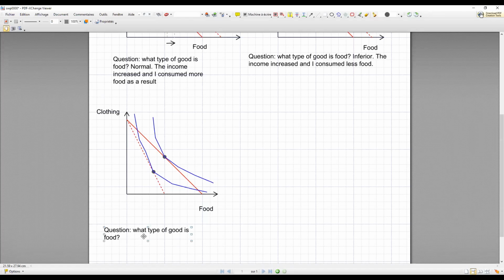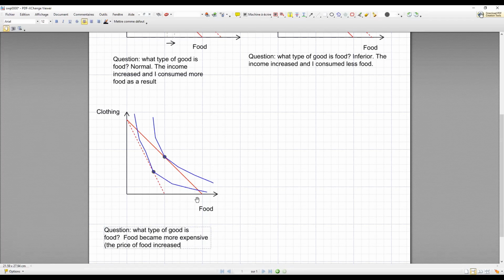Yes. Okay, good point. So food became more expensive. The price of food increased. So how do I know that?